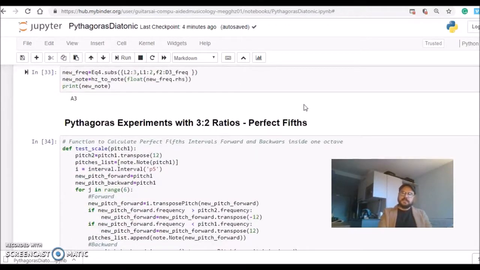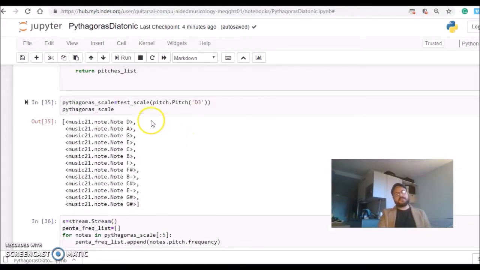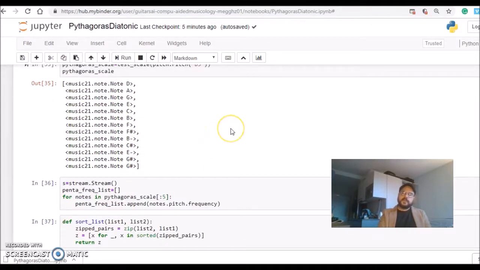With this, we do this experiment, and we see that we get a chromatic scale, what we use today. So we have all the notes: C, C sharp, D, E flat, which is a D sharp, F, F sharp, G, G sharp, A, B flat, which is an A sharp, B, and C. We have all the notes of the chromatic scale.